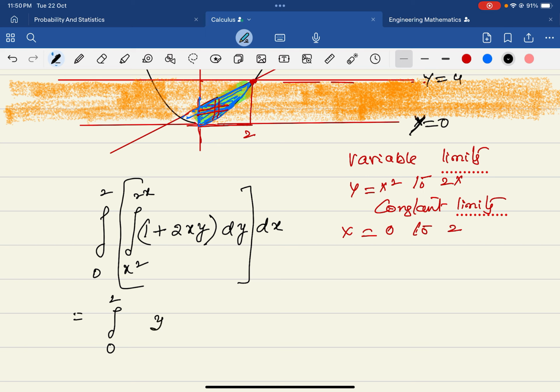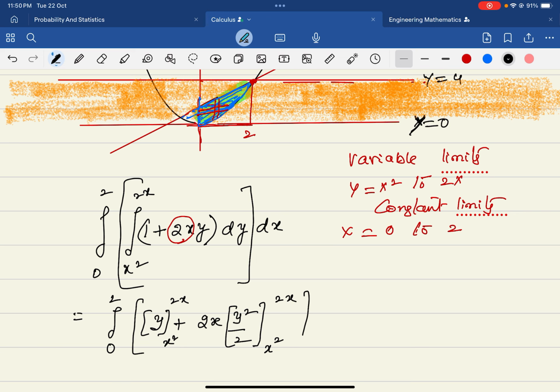Integral dy is y. And what is the constant here? With respect to y you are integrating, the constant is 2x, so take it out. So now that is 2x times integral y becomes y square by 2. Now y limits are from x square to 2x. And then do the integration with respect to x.